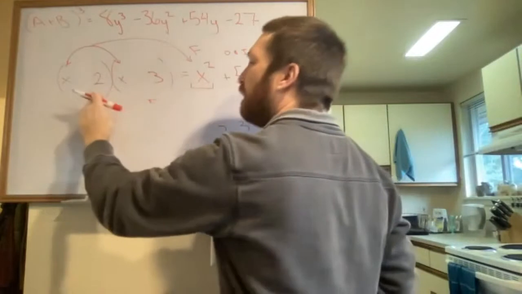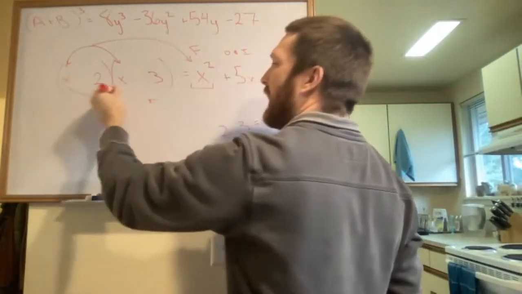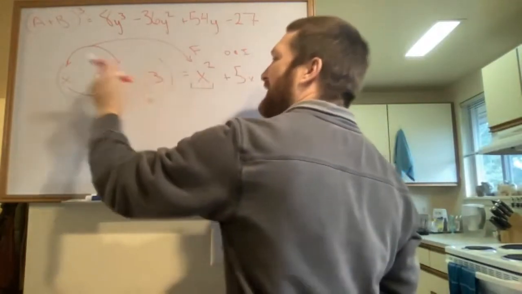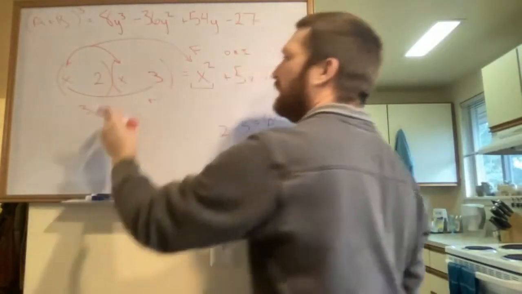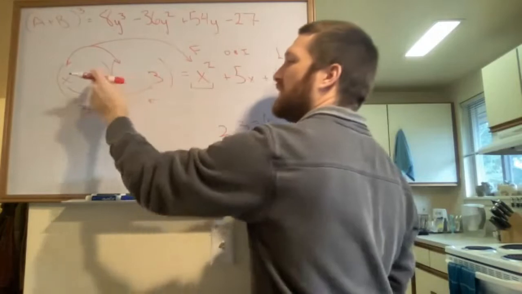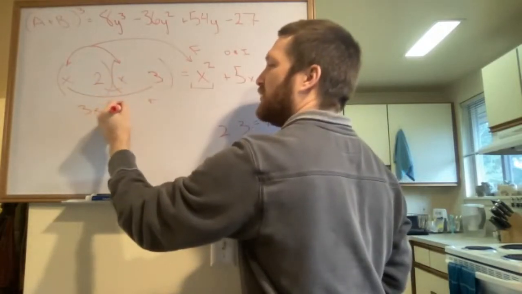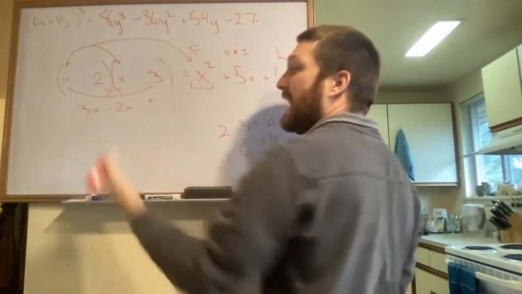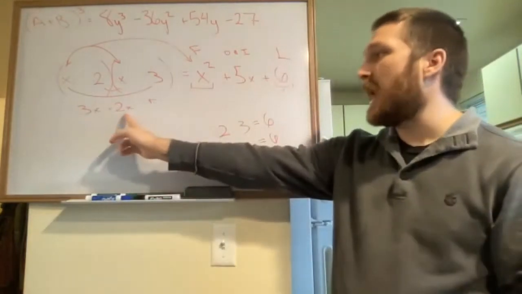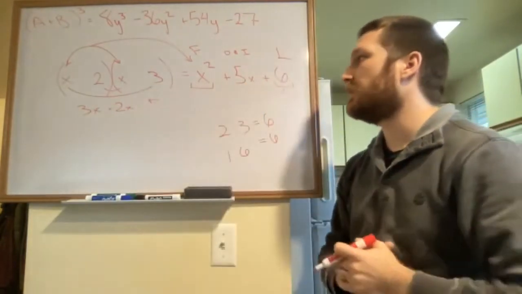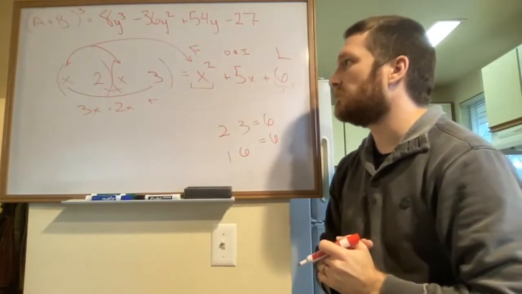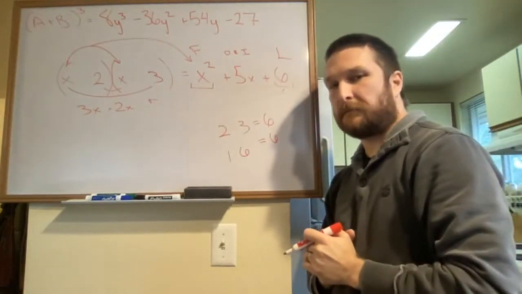So when we FOIL this thing out, outside is x times 3, or 3x's. The inside is 2 times x, which is 2x's. And we could see that when we add those together, we do in fact get a 5 right there, right? Tracking so far? Yeah.